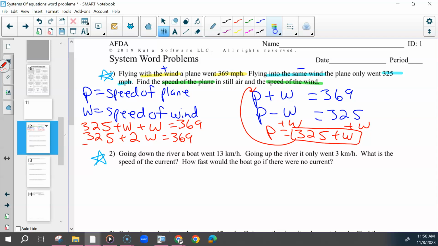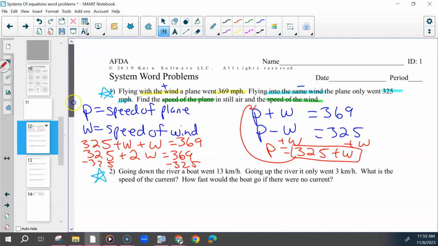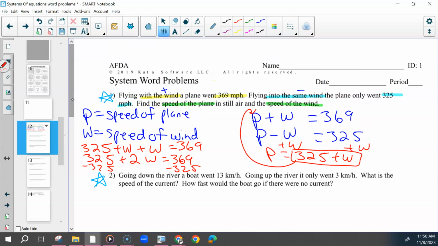Subtract the 325. I'm going to write this up here. 2w equals 44. And when we divide, what is the speed of the wind? 22 what? What is our label? mph, miles per hour.